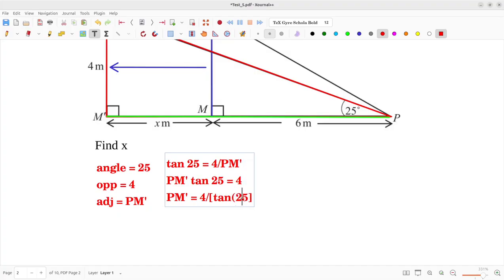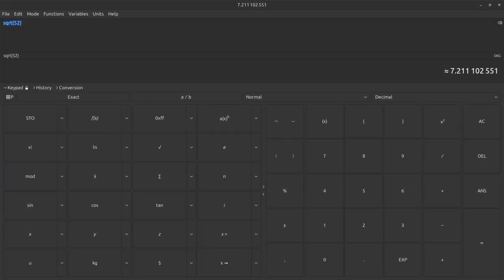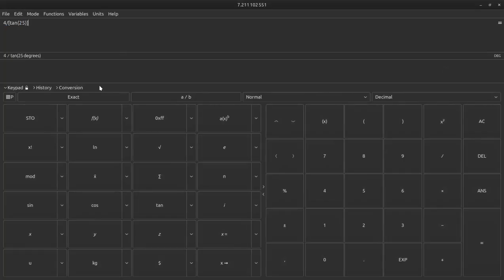Let's do this. Now we can easily put this on a calculator. Let's go to our calculator and put that in. It's giving us this answer here, which is 8.57.